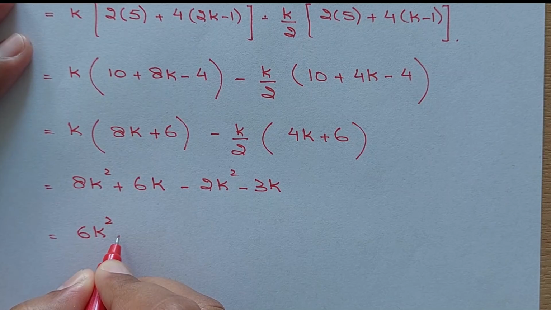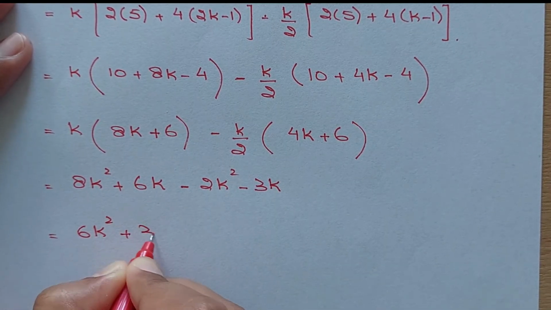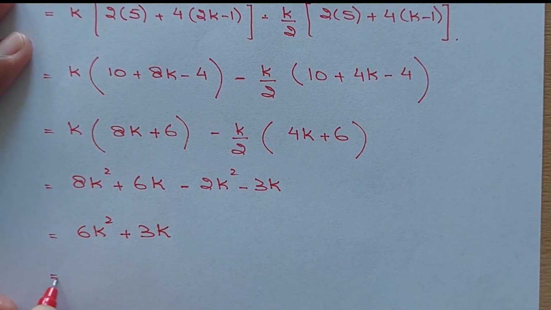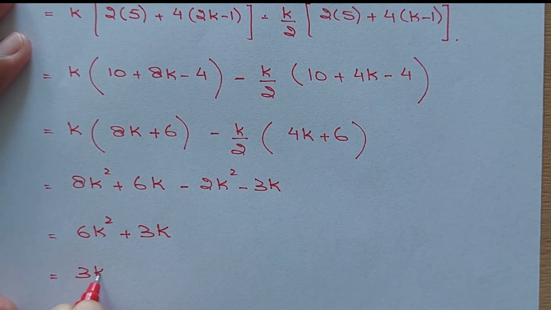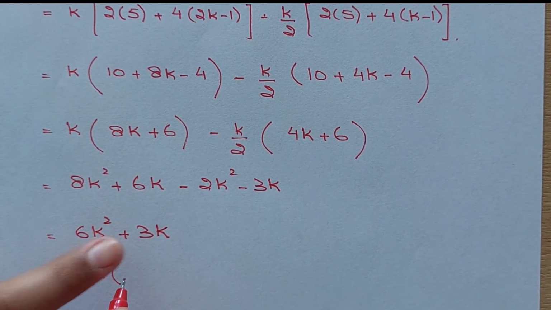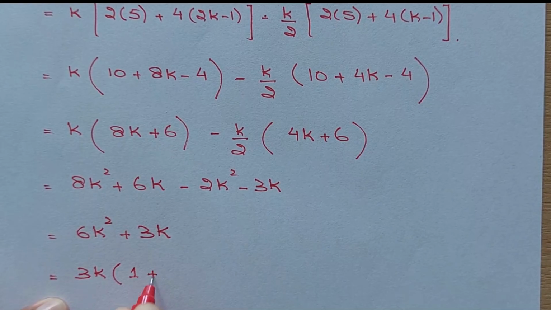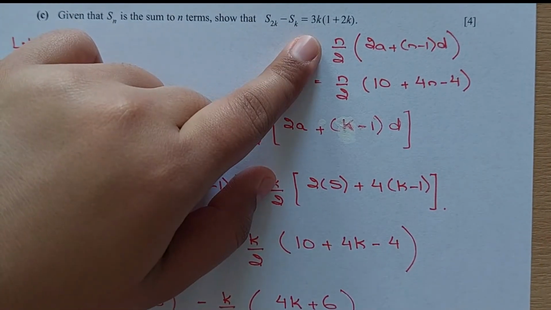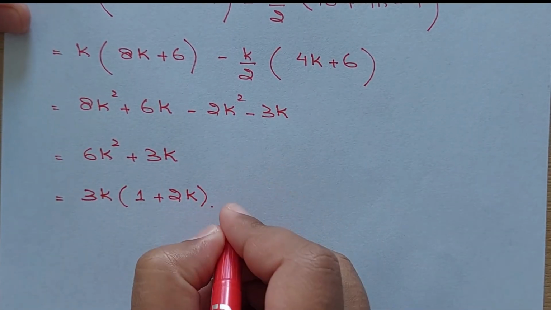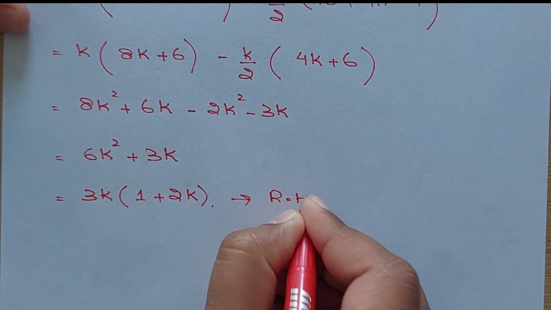So 6 minus 3 is 3k, right? So here we can take 3k common, and we have 1 plus 2k. So as you can see, 3k into 1 plus 2k. So this is exactly equal to the right hand side.